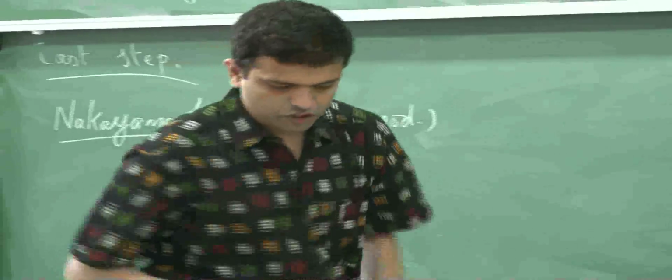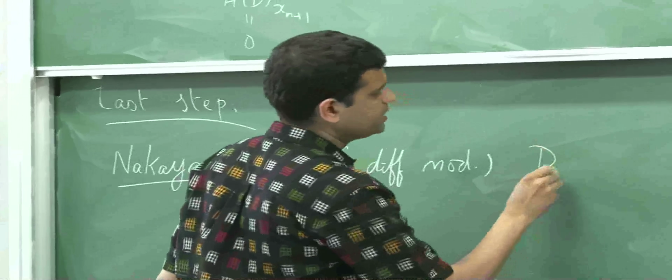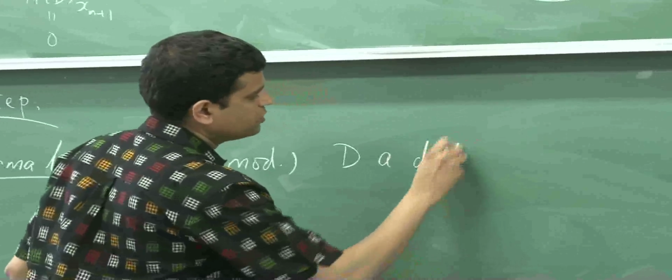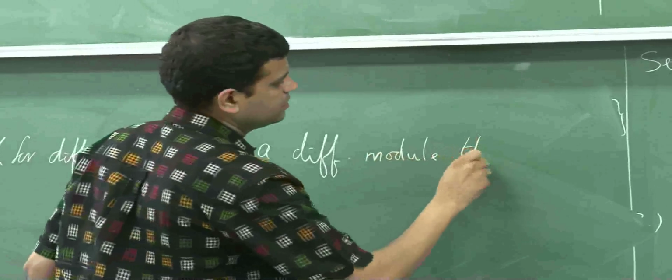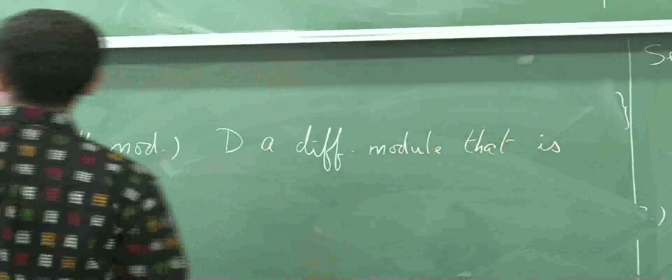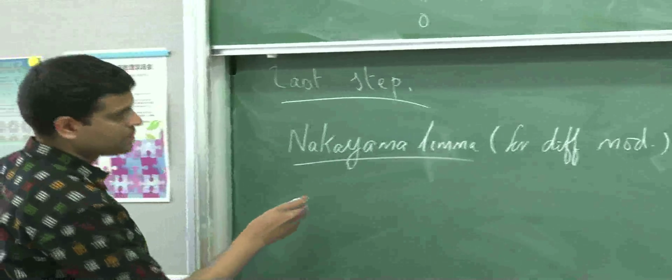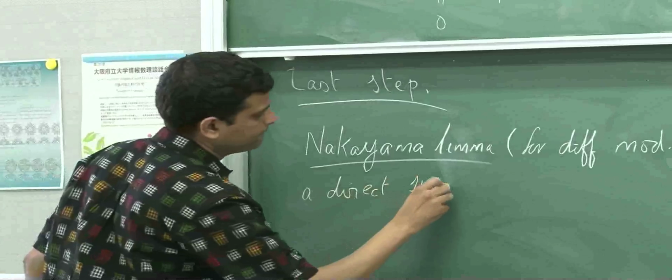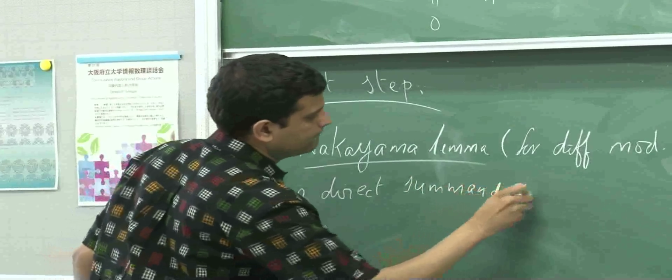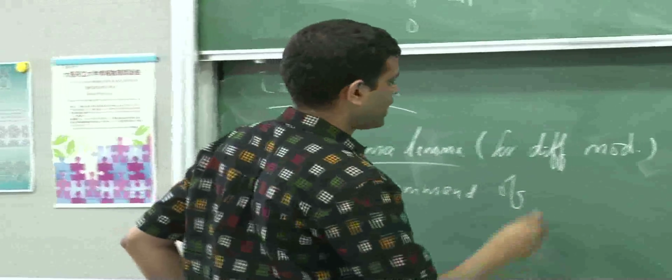Again, let me be precise. If you have a differential module D that is a retract of, or that is a direct summand of, a differential module with a flag.